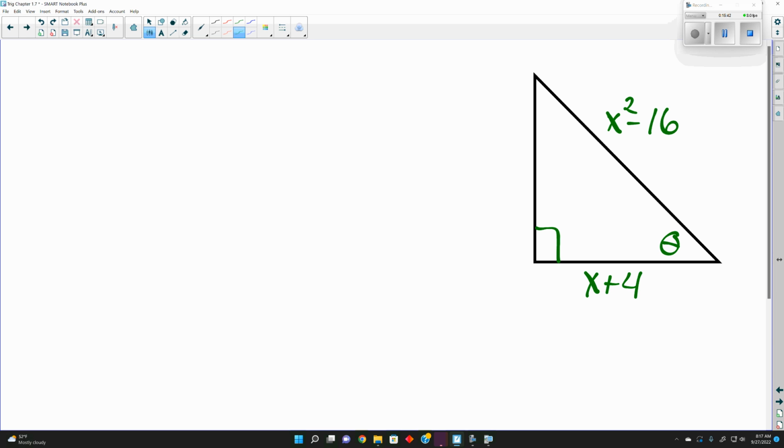Now, looking at this here, we have the adjacent side to the angle and the hypotenuse, yes? So that would be cosine. So we can say that cosine of theta is equal to the adjacent side, which is x plus 4, over x squared minus 16, yes?